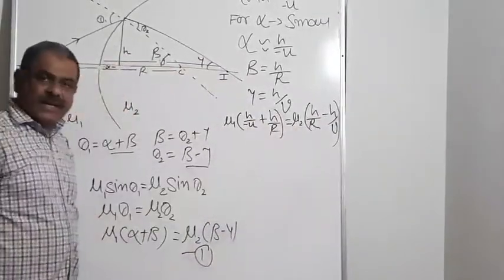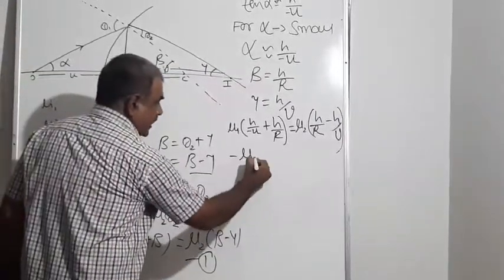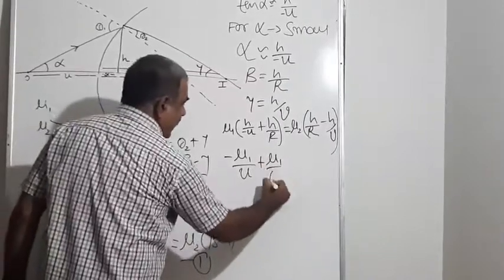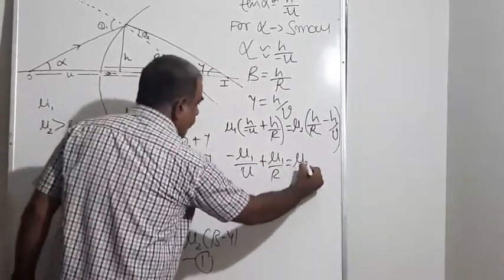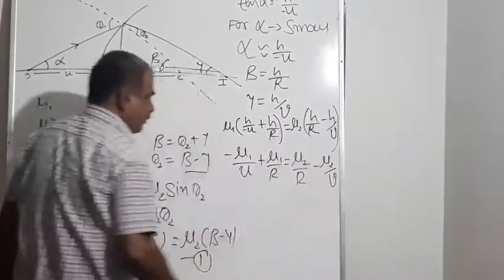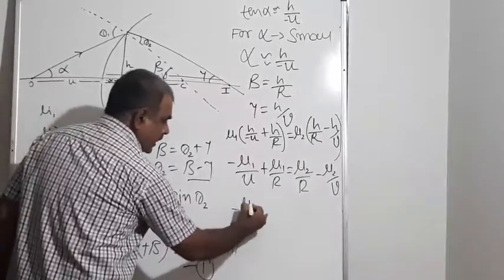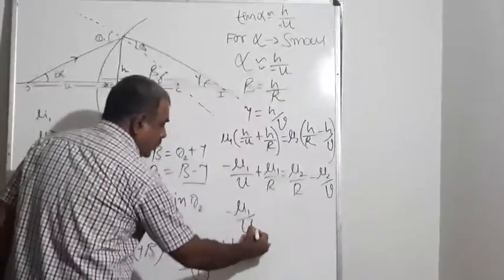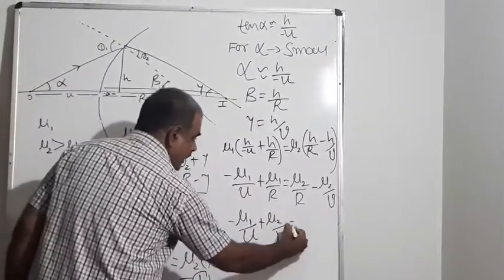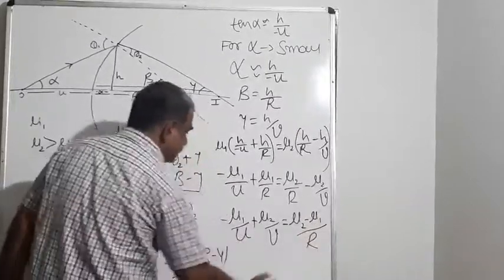Yes, h is common and cancels. So what is left? Minus mu 1 by u plus mu 1 by r is equal to mu 2 by r minus mu 2 by v. Or further simplifying, minus mu 1 by u plus mu 2 by v is equal to mu 2 minus mu 1 by r.